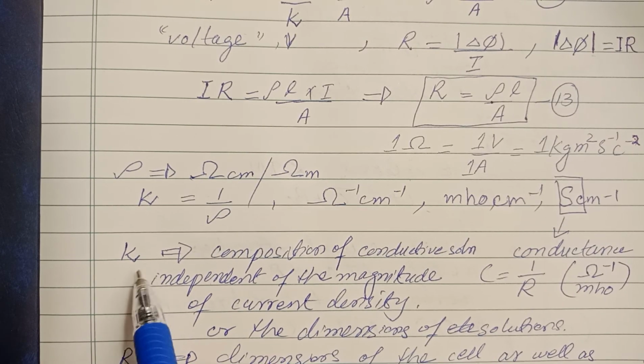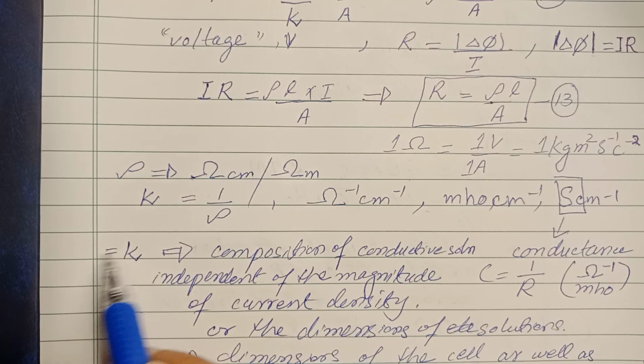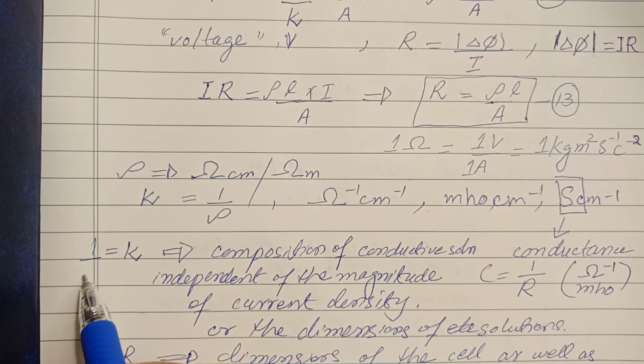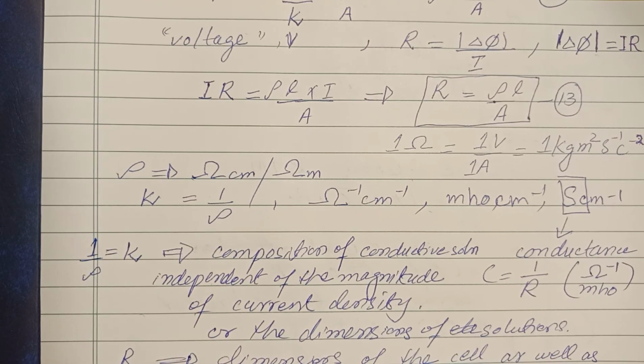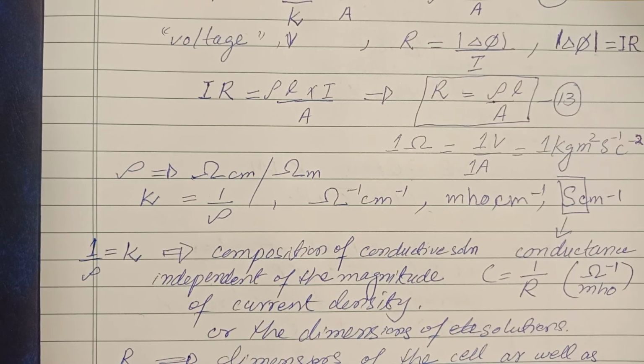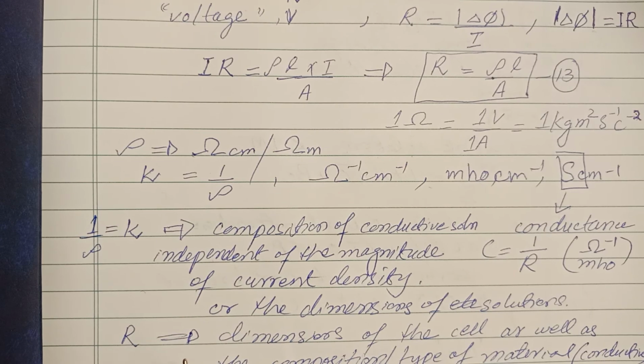As the electrical conductance is the inverse of the electrical resistivity, these two parameters have similar correspondence, but inverse.